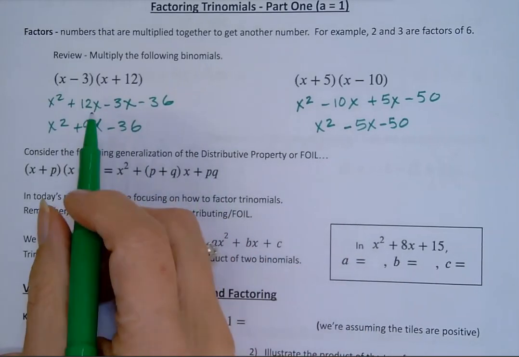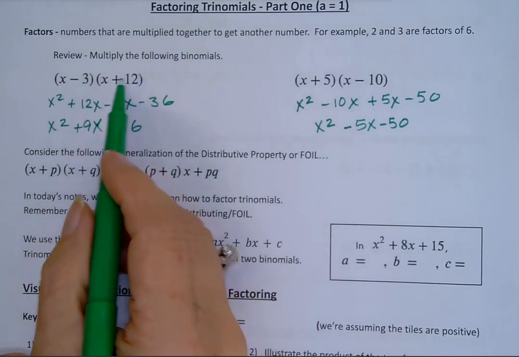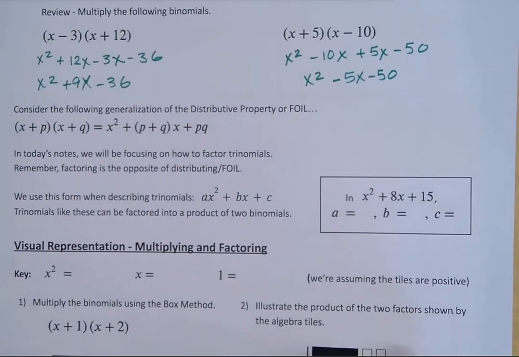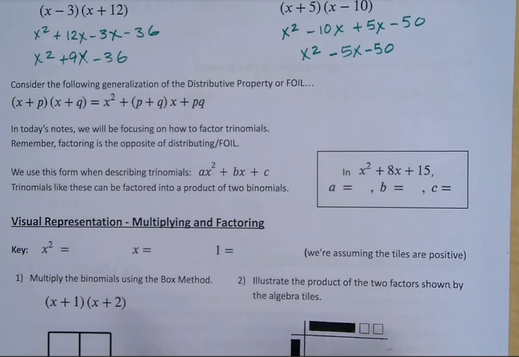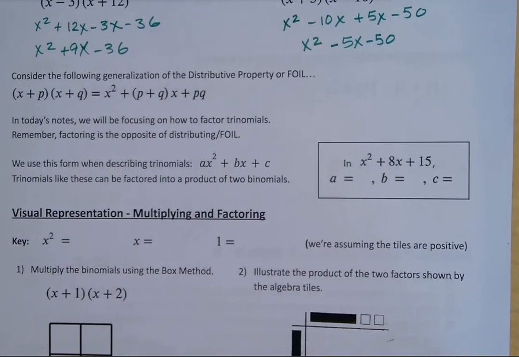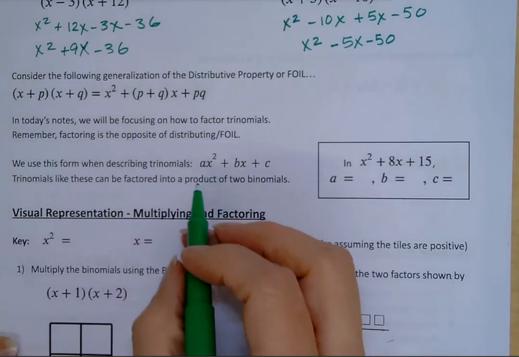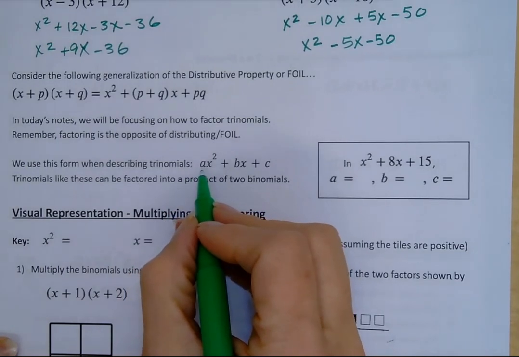And then your last term is just the last two numbers, negative 3 times 12. So we're going to kind of use some of these generalizations and patterns to break a trinomial apart into different factors.